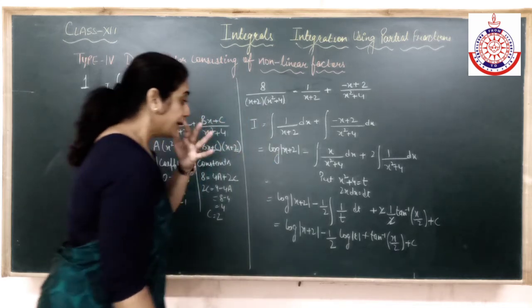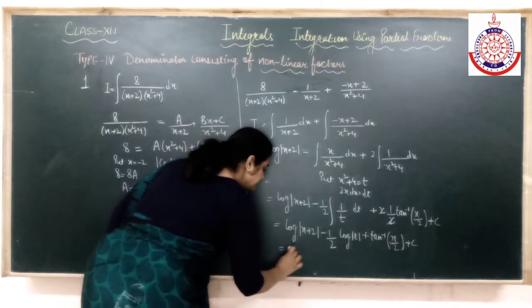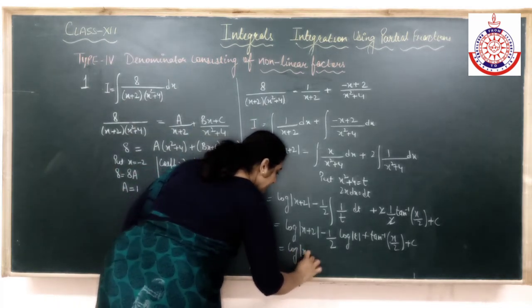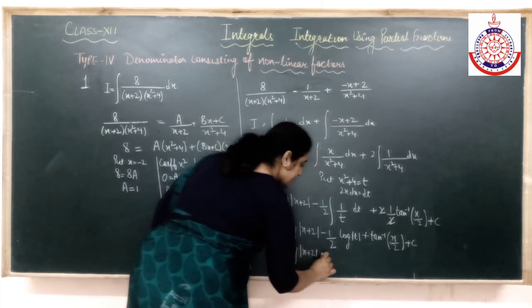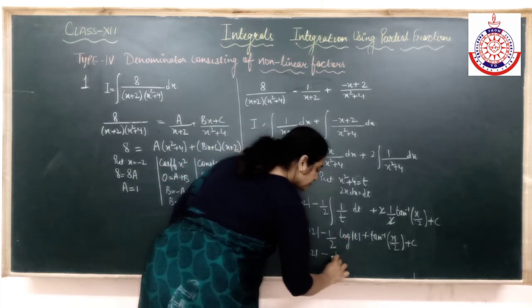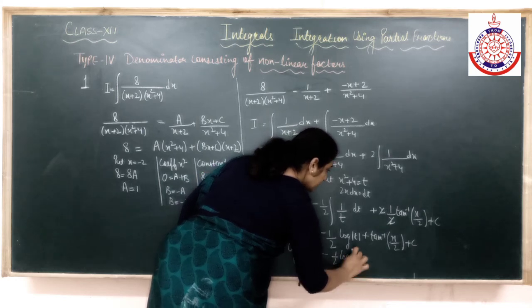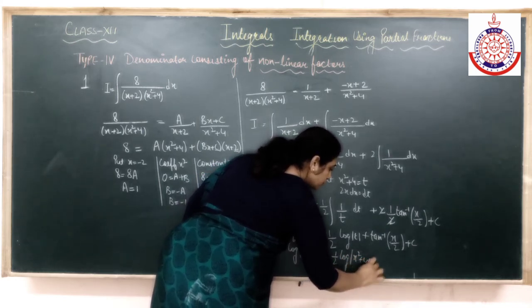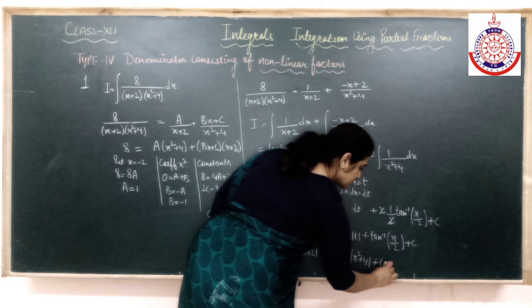Alright, put the value of t back. Fine. What is that? x square plus 4, tan inverse.